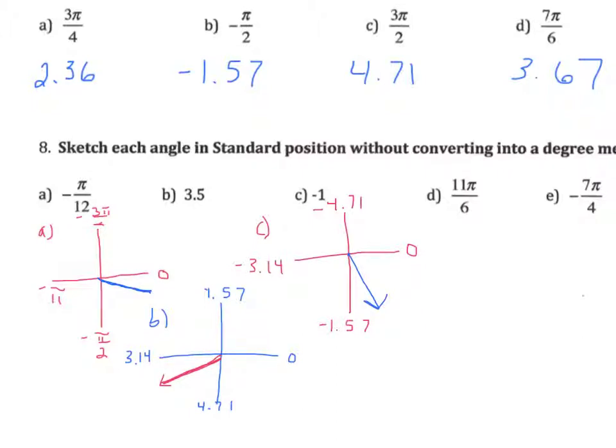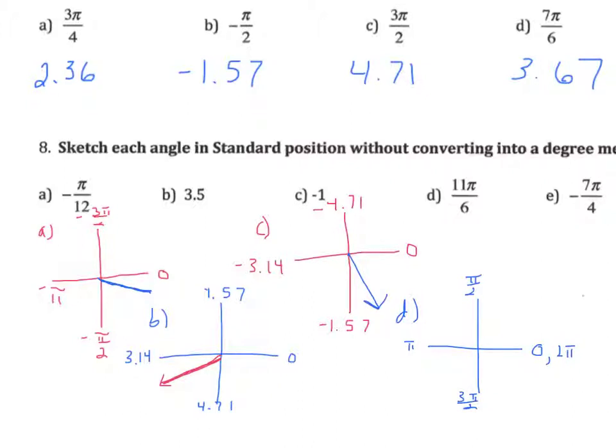For D, I want to sketch 11 pi over 6. So when I sketch my angles, oops, that line is pretty crooked. Let's try it again. So when I sketch my angles, I want to use the regular radian measures. So I'll have 0, pi over 2, pi, 3 pi over 2, and all the way back around to 2 pi.